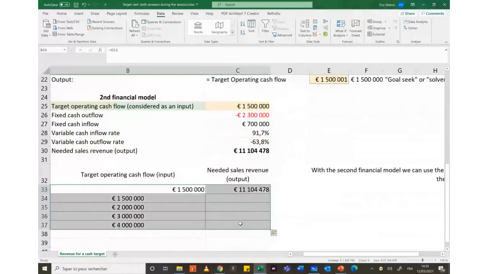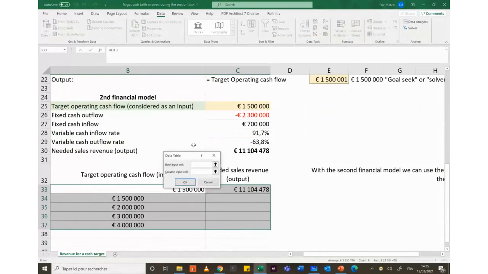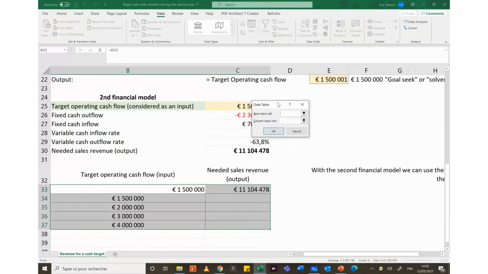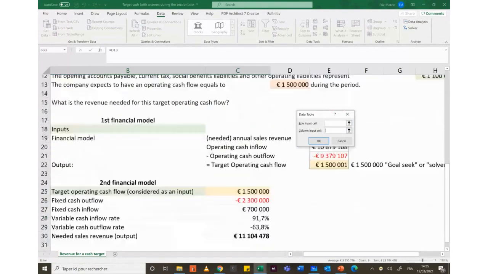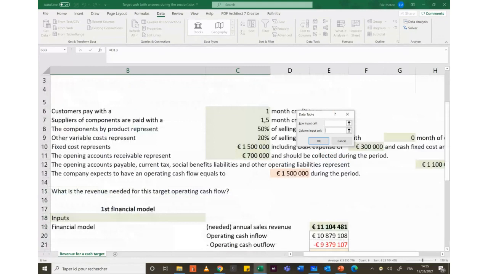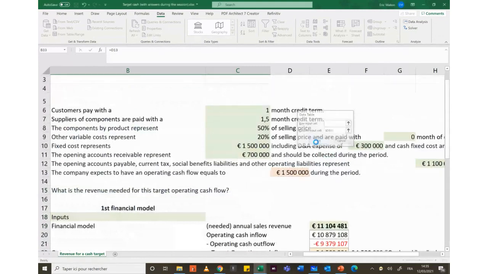I take all the values and the empty cells I want to complete. I go to the what-if analysis and data table. I have only inputs in the column here. It's not a matrix, it's just a table. In the column, I have the target operating cash flow, and the value is available in this one.